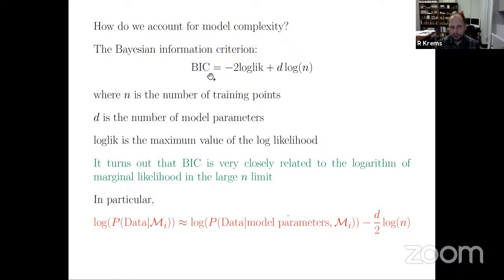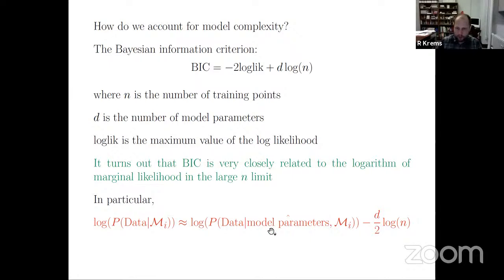So the lower the BIC as defined like so, the better the model is going to be. And now, why is this a good metric? Well, it turns out that BIC as defined like so is very closely related to the logarithm of the marginal likelihood in the limit of a lot of training points.